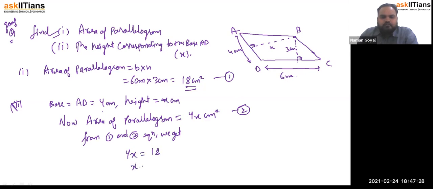So the value of x is 18 by 4, which gives x as 4.5 centimeter. Are you getting my point? So the height corresponding to the base AD is 4.5 centimeter. Fair enough. So we can do this question like that.